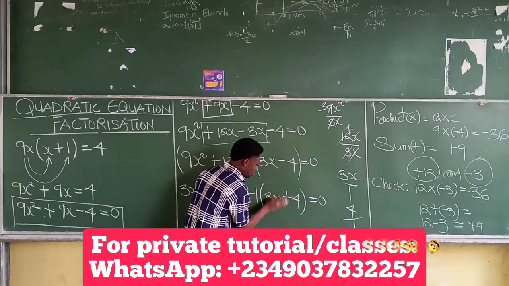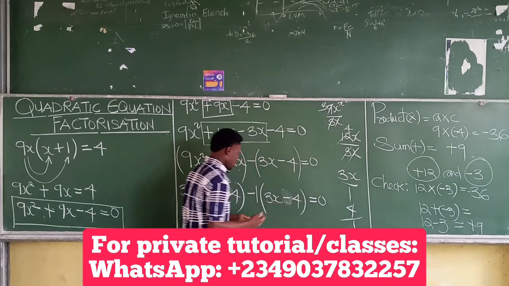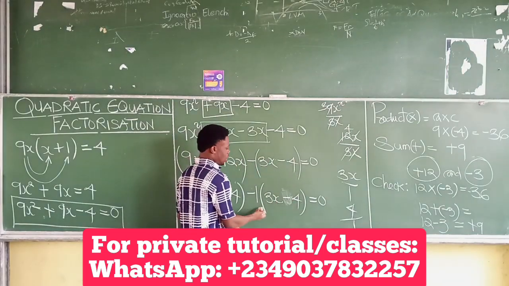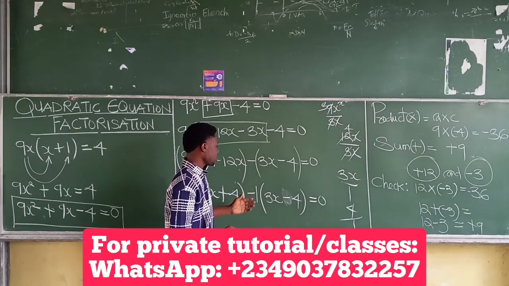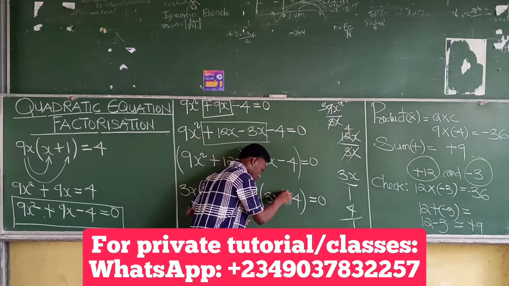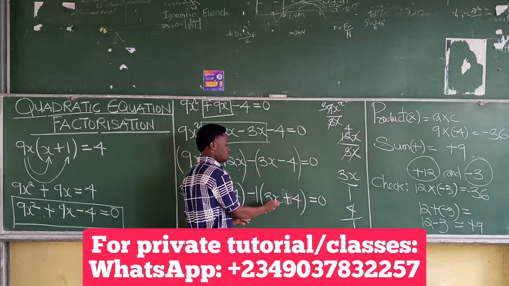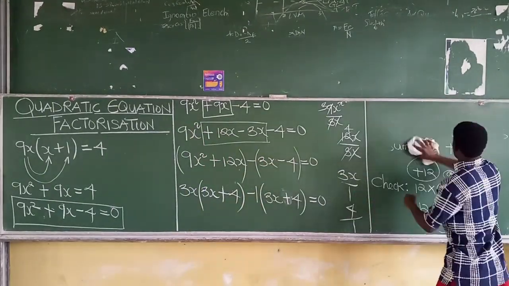But if this was negative, then minus 1 times minus 4 is plus 4, while the original bracket was minus 4. So this has to be positive, so that when we multiply, it will still give us the sign in the original bracket.